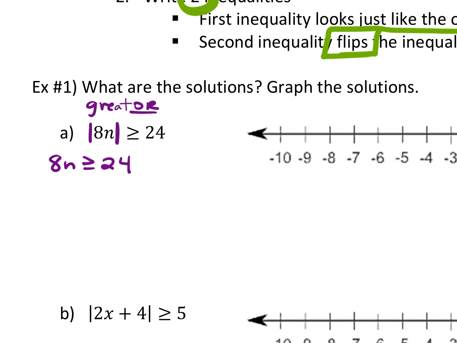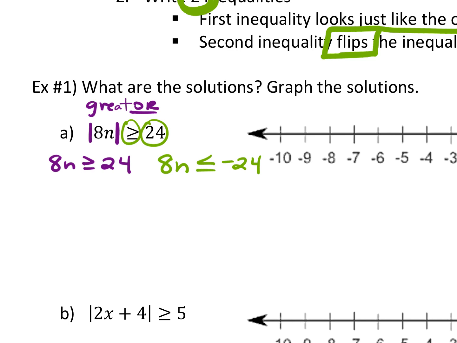8n is greater than or equal to 24. Write that down. The second one, you have to do two things, this and that. 8n is what? Less than or equal to, and make it negative, -24. Okay, so you have two inequalities, and then you just solve them both.